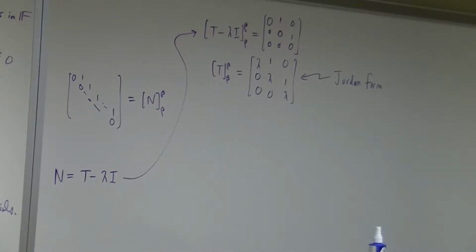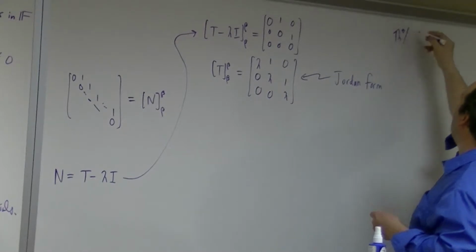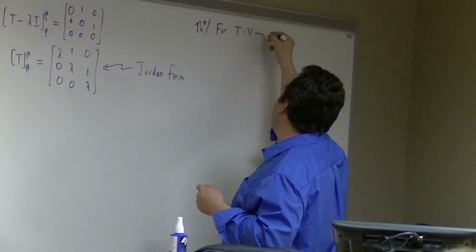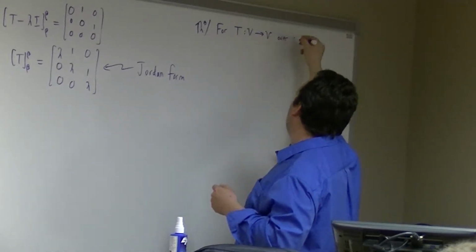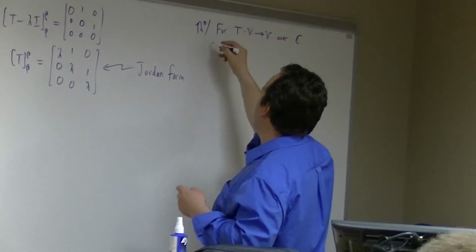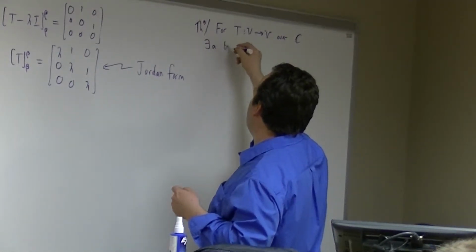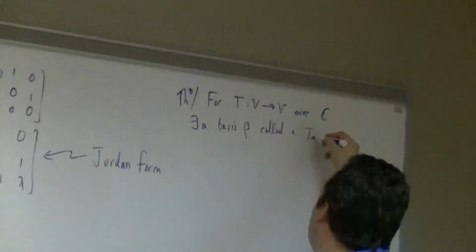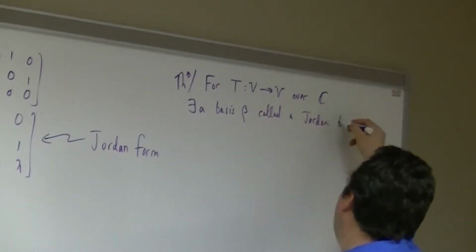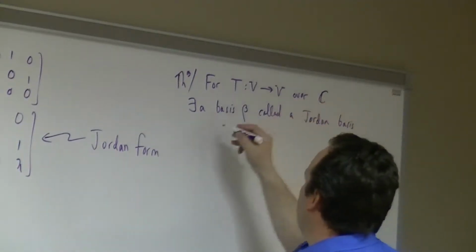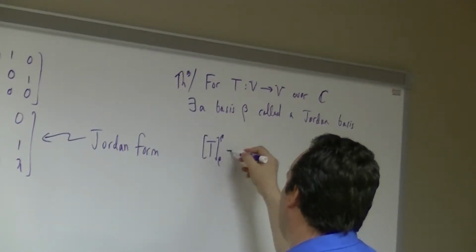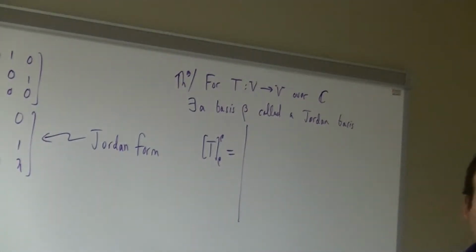But here's the thing. The ultimate theorem that we prove is this, at least for T from V to V over the complexes, there exists a basis beta called a Jordan basis. And with respect to that basis, T beta beta is equal to a bunch of Jordan blocks.